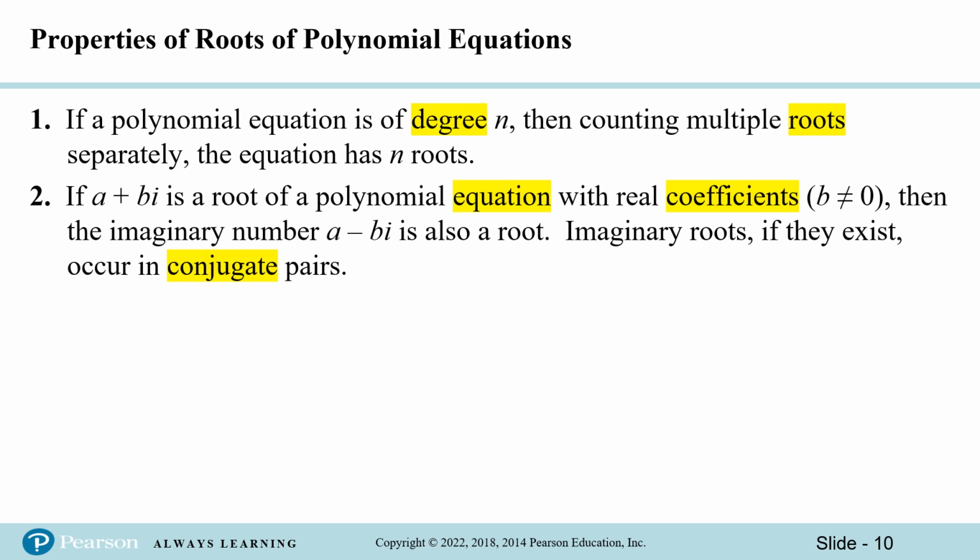If I have an x to the 5th power, I will have 5 roots, 5 solutions, 5 zeros. They could be duplicates. We could have multiplicity of 5, but there's going to be 5 of them, if you include the multiplicities.